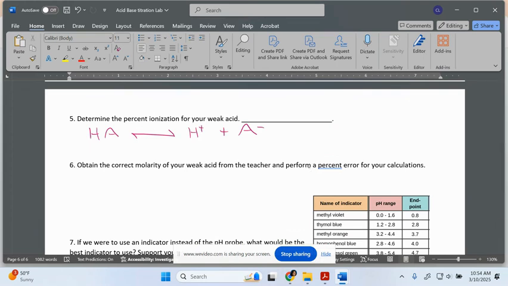You're going to bring that molarity down to this point. This then will be X and X. So 1.8 times 10 to the minus 5 is going to equal X squared over the molarity of that HA from the previous problem. Once you solve for X, then X over the concentration of HA times 100 will equal your percent ionization.